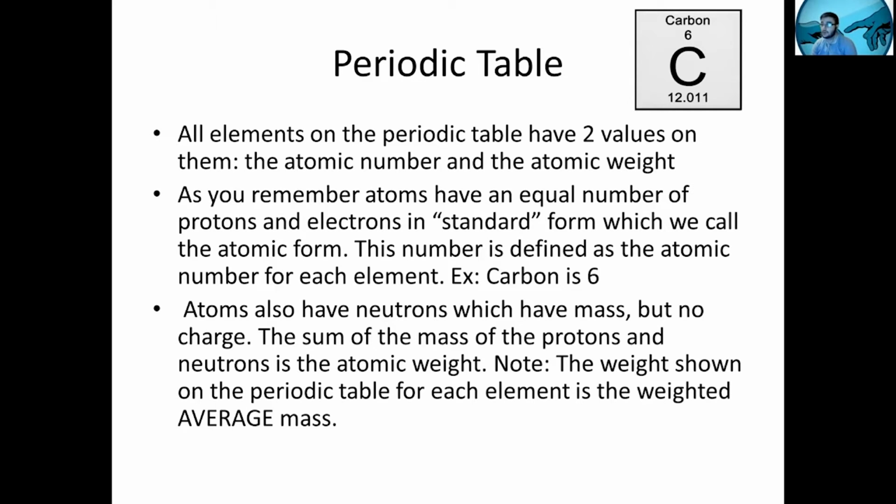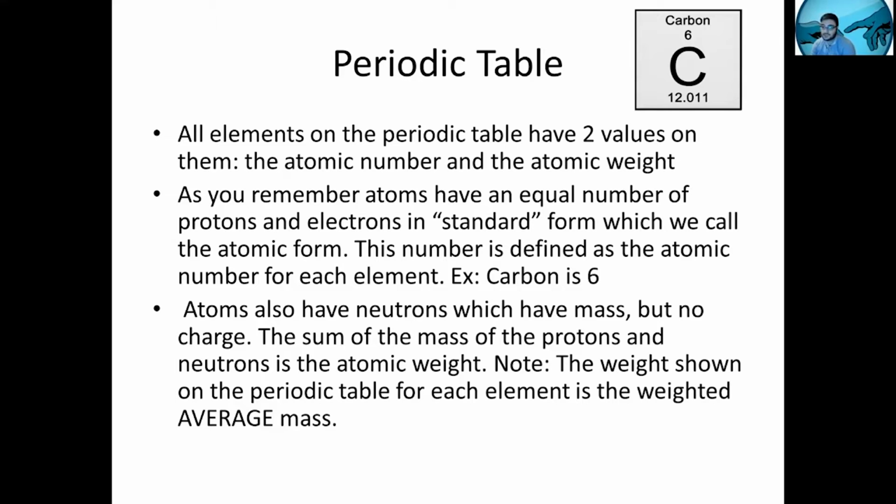If it somehow gains a proton from something else, it gets 7 protons, and now it's no longer carbon, now it's nitrogen, right? And this is the whole principle behind nuclear chemistry, nuclear fusion, nuclear fission. You can turn one element into another element, but know that if you have carbon, always, without exception, it has 6 protons, right? And that's the atomic number.